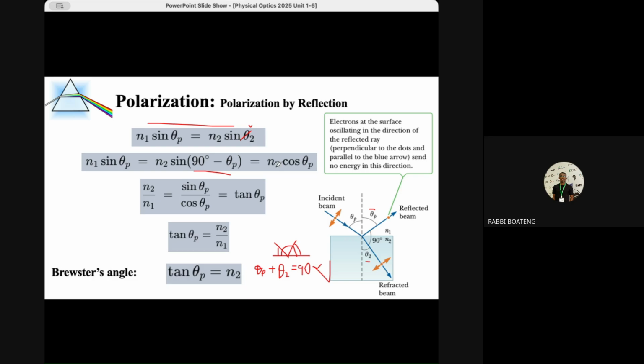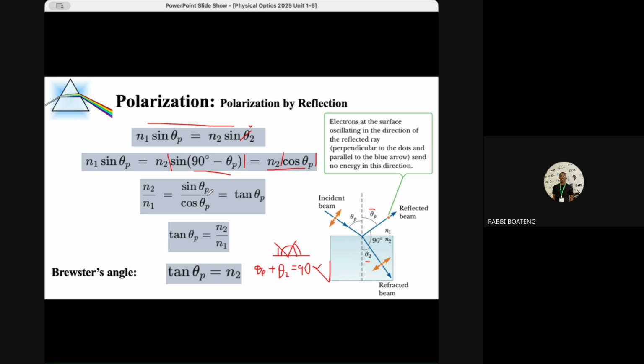And when you do that, this is what you are going to get. This term here is going to be ignored and it's going to be represented by cos theta p. Now, we know that anytime we have a sine and a cos of the same angle, it is the same as the tan of the same angle.